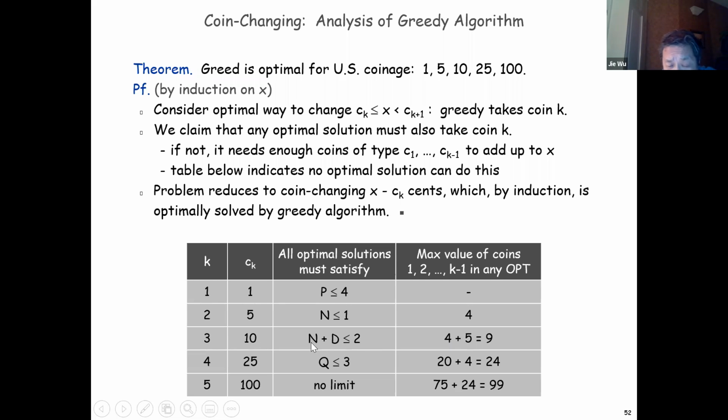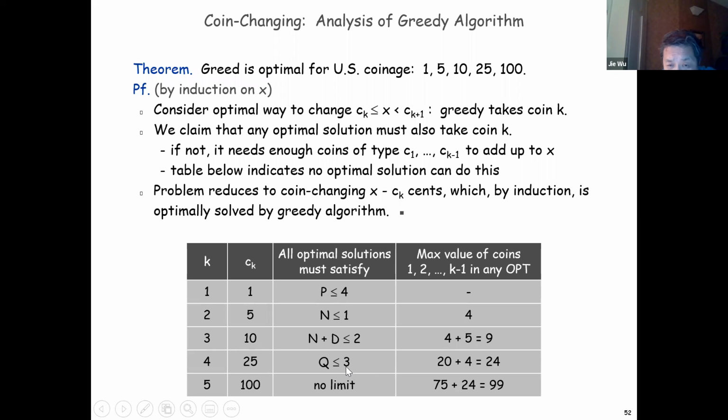Then they argue that any optimal solution can never have nickels plus dimes with a number of coins more than 2. So you cannot have an optimal solution with, say, 2 nickels and 1 dime, or 2 dimes and 1 nickel, or something like that. The combination for this one is no more than 2, which is equivalent to a maximum of 24, which is less than 25.